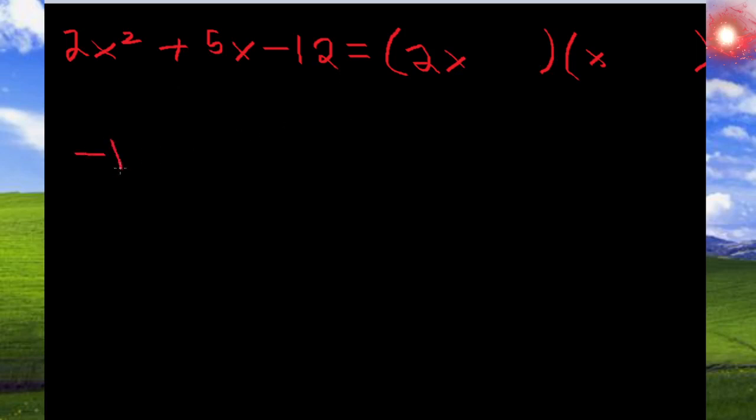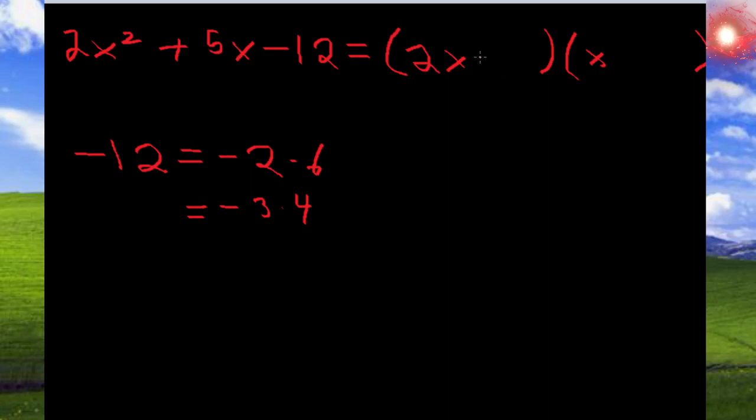So negative 12 can equal negative 2 times 6, or negative 3 times 4. Let's just try the integer solutions first. If those fail, we'll use the quadratic equation. So 2x plus 2 times x minus 6: we get 2x times negative 6, which is minus 12x, plus 2x, so we get negative 10x, that's too high.